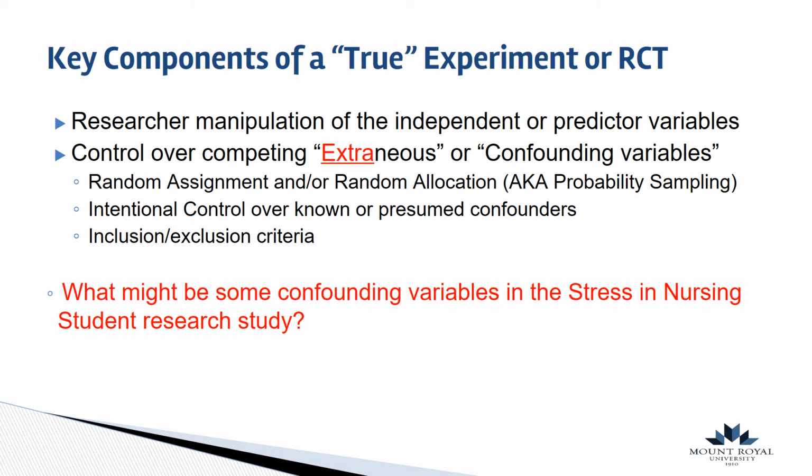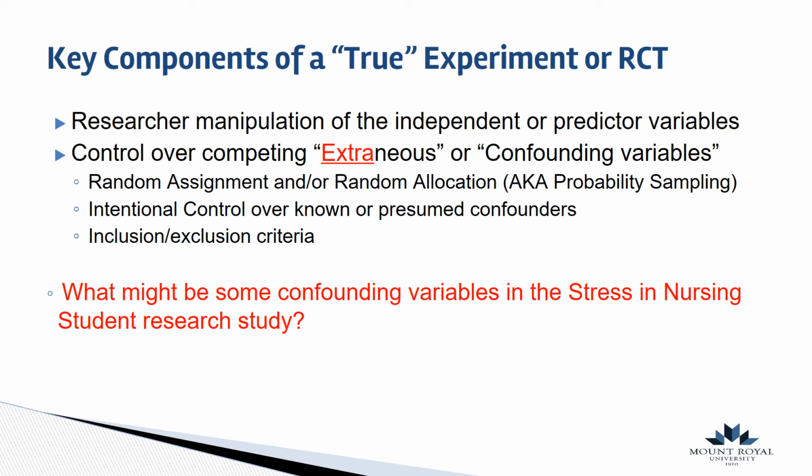It's called probability sampling, where we believe that by drawing a random sample, we are going to reduce the effects of these confounding variables that could impact our study results. And another way we try to control for these extraneous or confounding variables is strict inclusion and exclusion criteria in our participants.